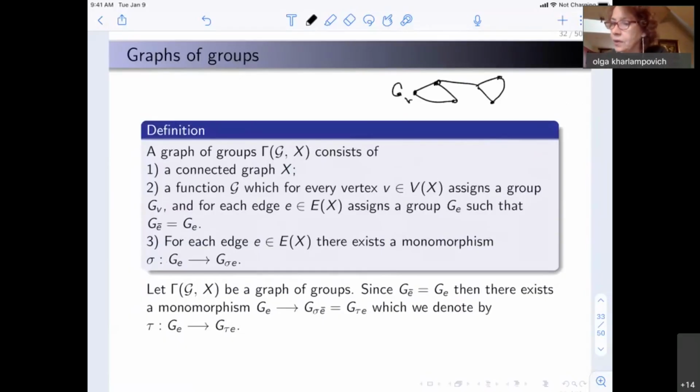To each edge, we also assign a group. We think about edges as two edges in one. We can make an arrow, then it's going to be E if we read it in the right direction, and E bar if we read it in the opposite direction. So to each edge we have a group GE.